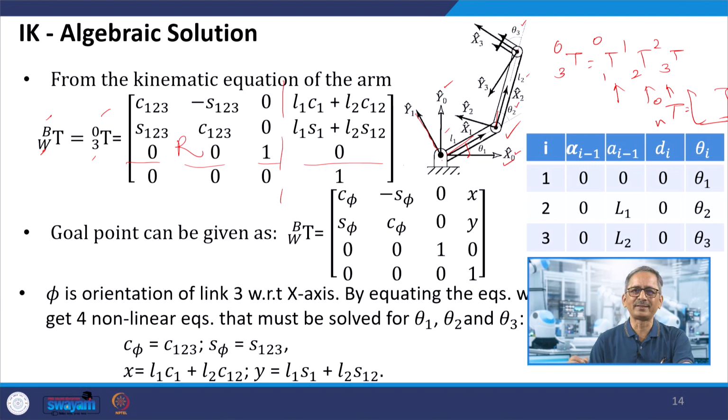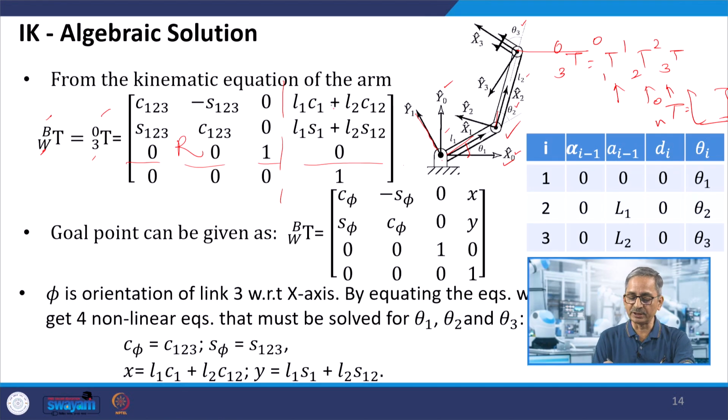Alright. Further, this is a very simple case of the planar manipulator, so we can get these values geometrically also. Okay. For example, the end effector orientation with respect to the x axis is naturally going to be theta 1 plus theta 2 plus theta 3, and that is what this rotation matrix tells us.